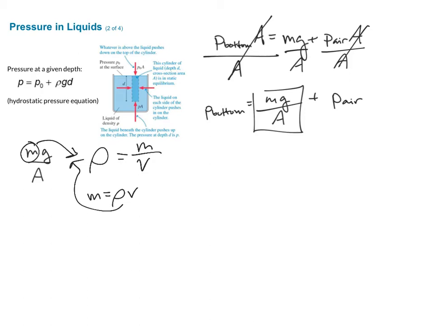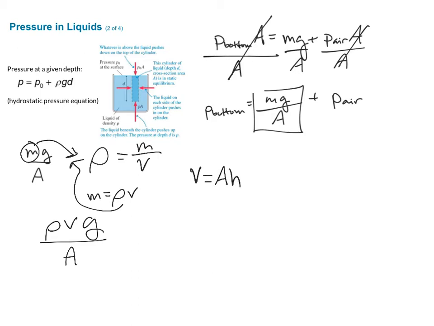So mg over A is going to become rho times the volume times g divided by A. Now, something cool here is that in a prismatic or cylindrical shaped container, volume equals the base surface area, which is A, times the height of the thing.